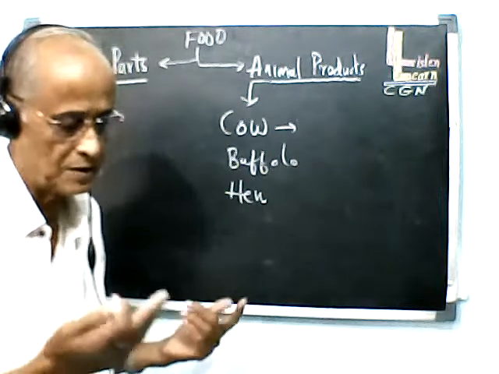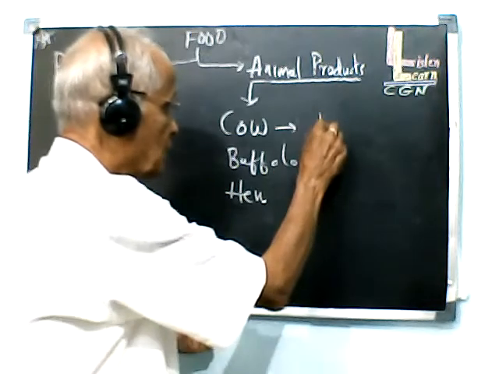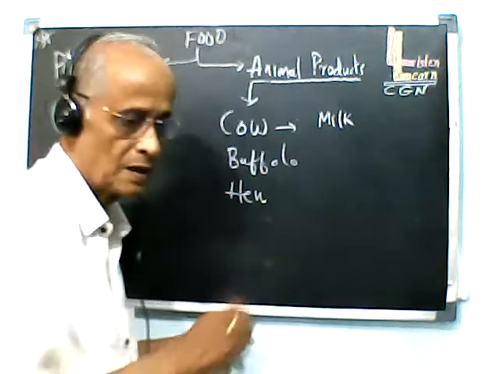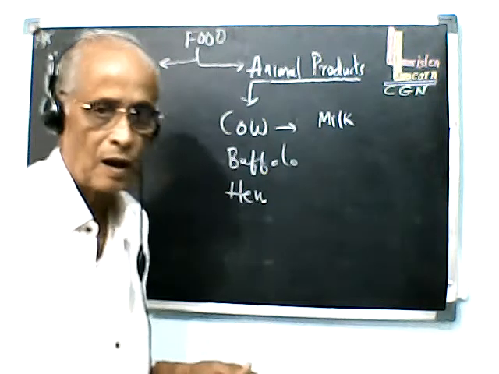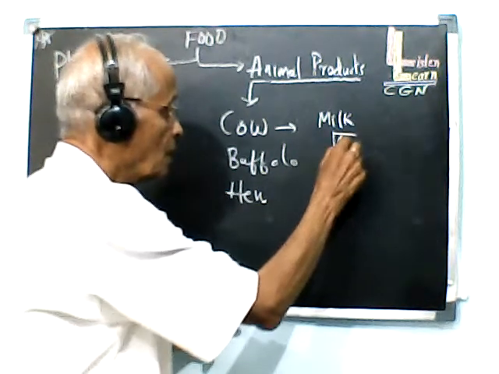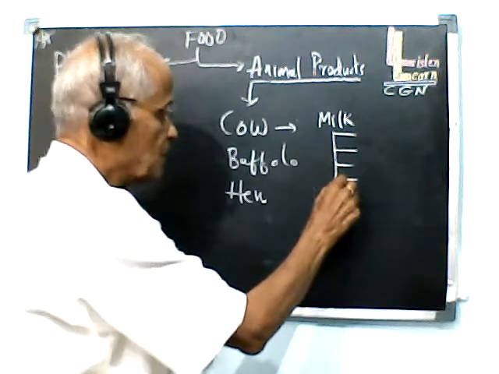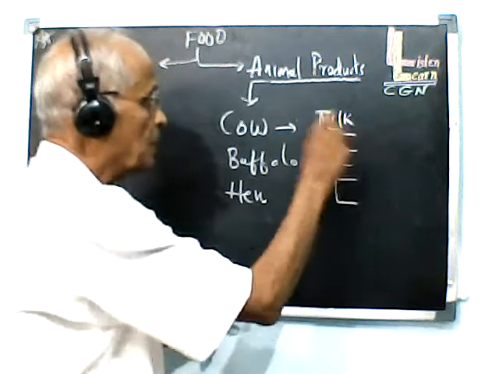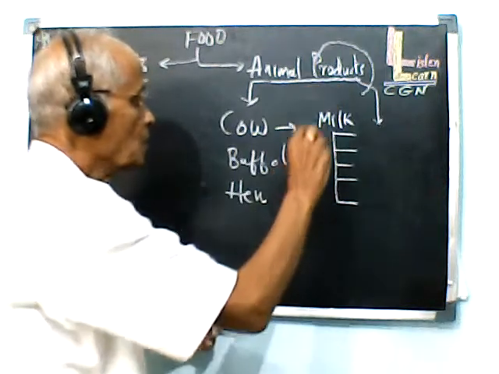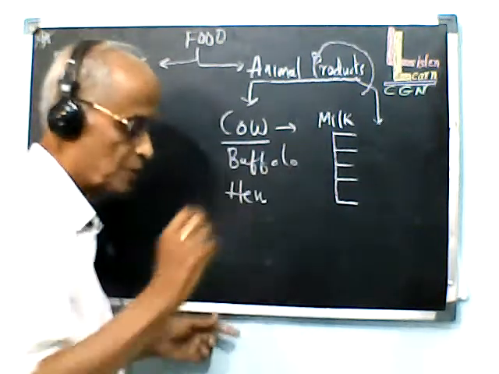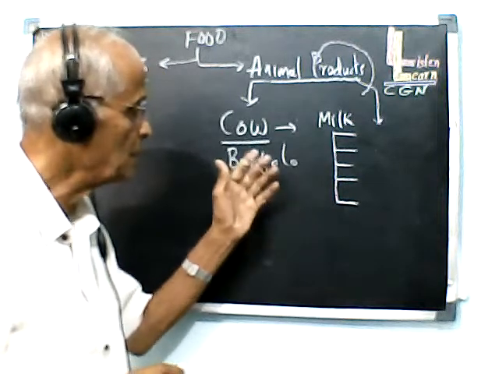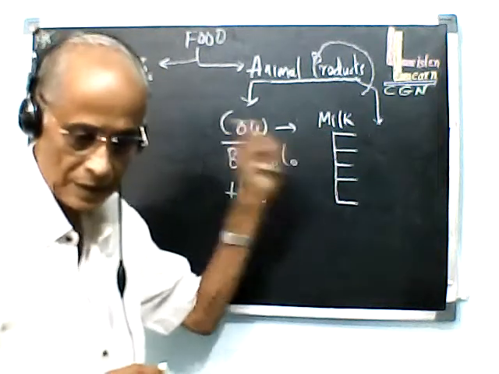If you think of it, first thing you can tell is milk. Correct? Am I right? Milk gives how many products? You can think of several products from the milk. So cow is a very useful animal and it gives many products from the milk.